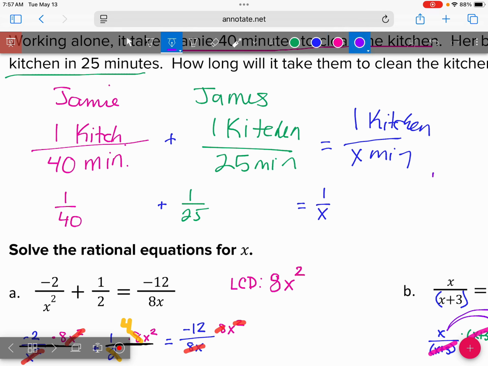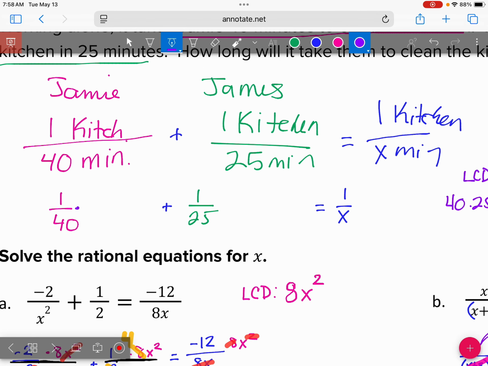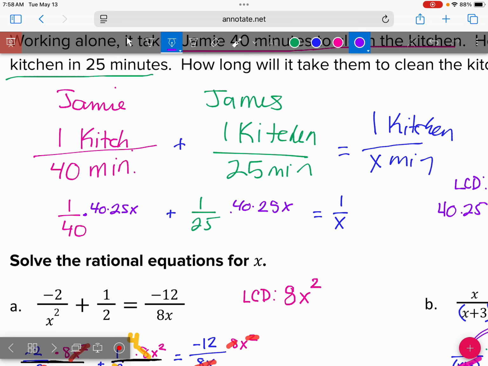So we need to multiply everybody by our least common denominator, which I'm going to use my 40, my 25, and my X. You can absolutely do it with smaller numbers, but you don't have to. Times 40 times 25 times X. That's going to let the 40s cancel out here, the 25s cancel here, and the X cancel here.